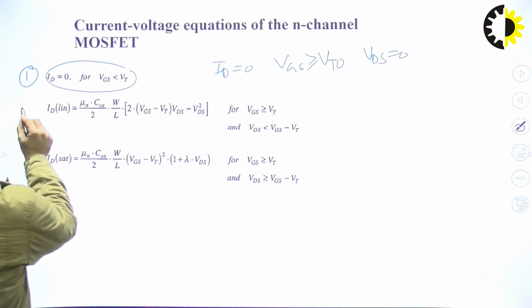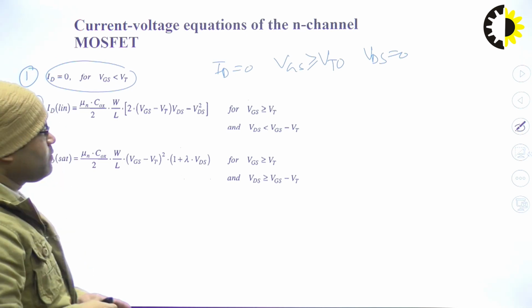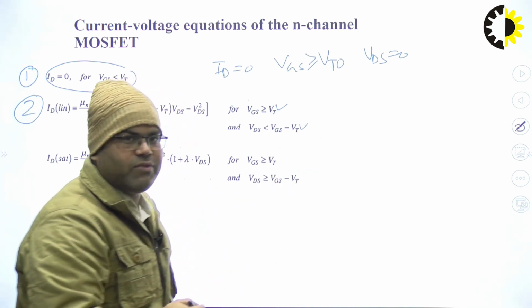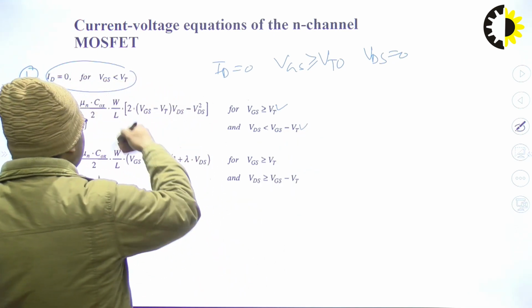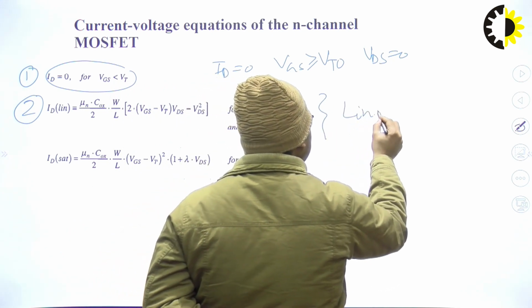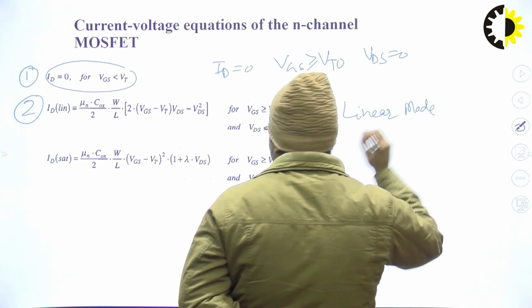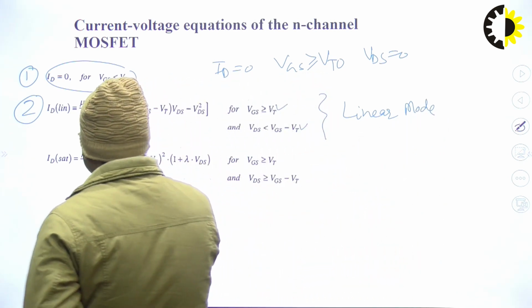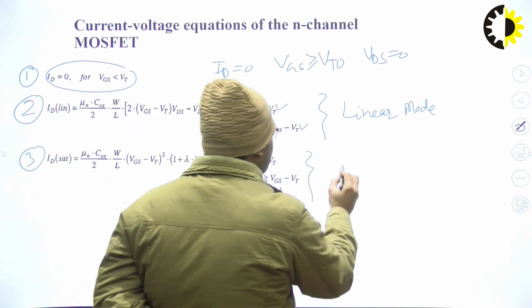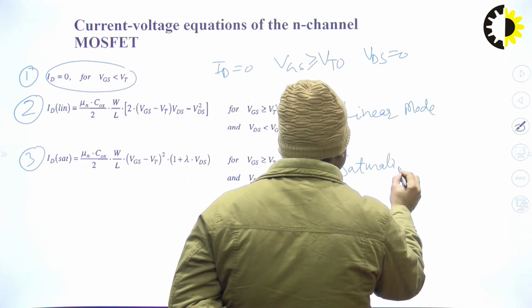The second equation is for the linear region, when VGS is greater than VT and VDS is less than VGS minus VT. This current equation is for the MOSFET working in linear mode. This equation is for saturation mode, where the MOSFET is working in the saturation region.